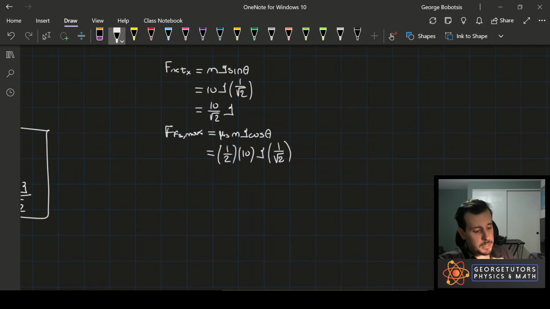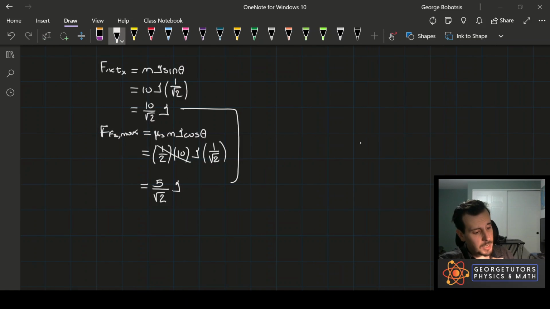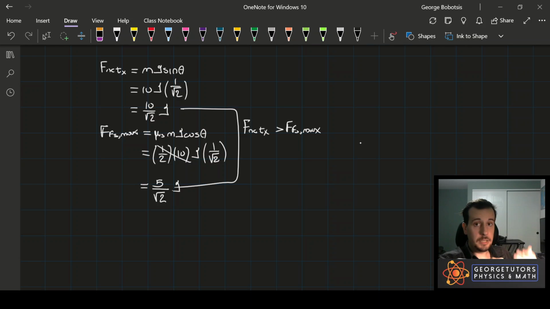So if I do this right now, I notice that these two numbers get me a 5. I'm dividing by root 2, and I have a g in the front here. And if you do the comparison this time, you notice that F net X over here exceeds F_fs max.